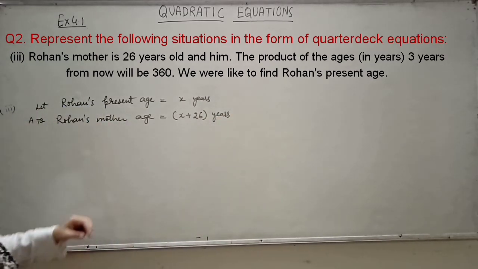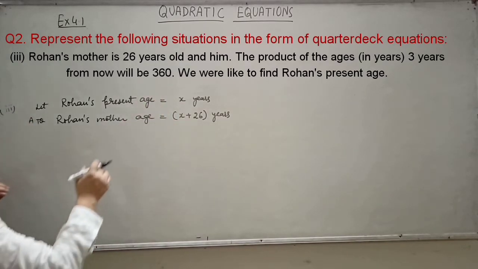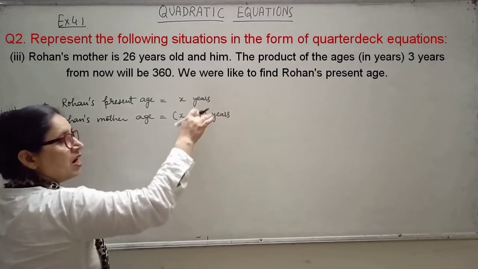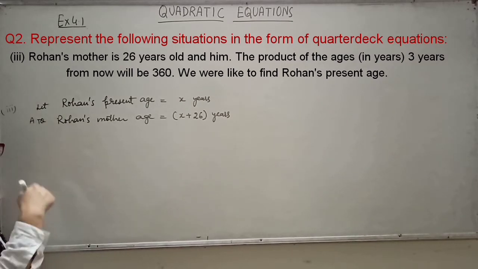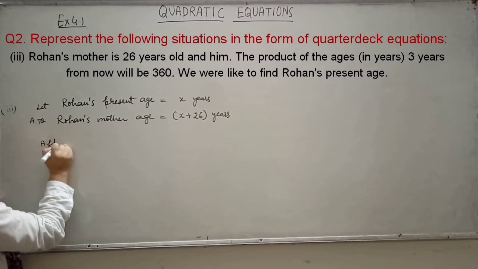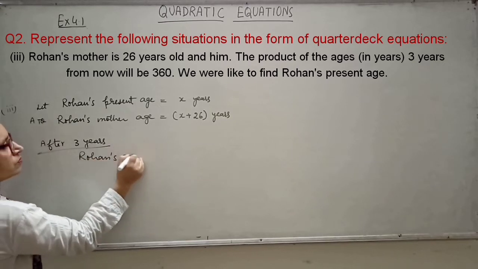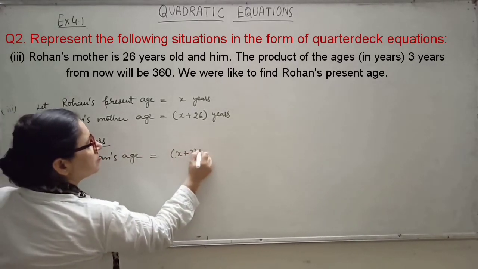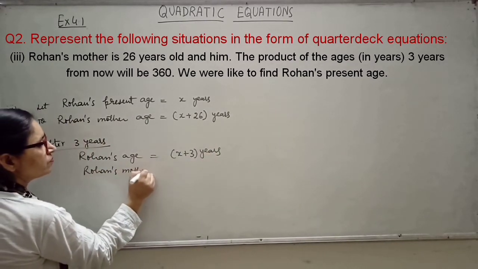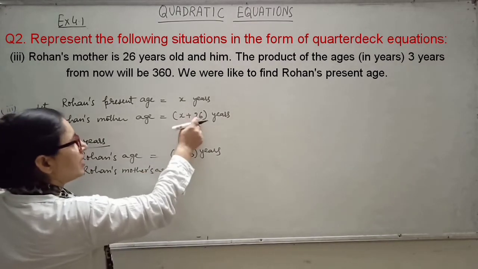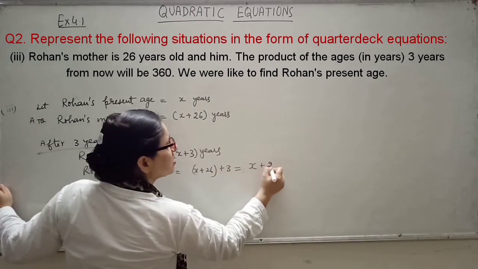But it is given the product of their age is not the product of their present ages. We are given the product of their ages 3 years from now. Now after 3 years, Rohan's age will be x plus 3 years. And Rohan's mother's age, it is already x plus 26 and you need to add 3 into it, so it will be x plus 29 years.